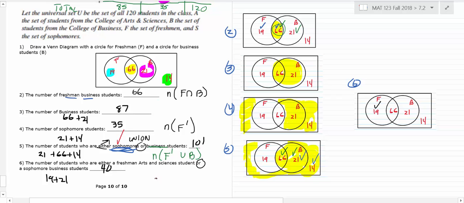And then the second part of the problem says, and, hold on, right here, or means union. So you're a sophomore business student. So a sophomore business student would be right there. So what this one actually is, that part right there and that part right there. You don't have to write this in terms of a set, but it's just 19 and 21 put together. So you're joining that together, so that would be 40. All right, that's how it goes.